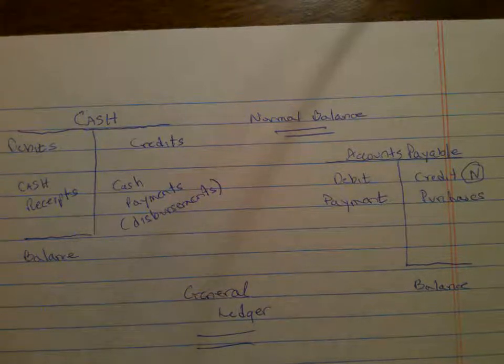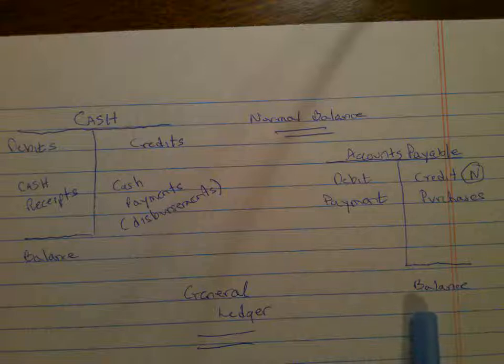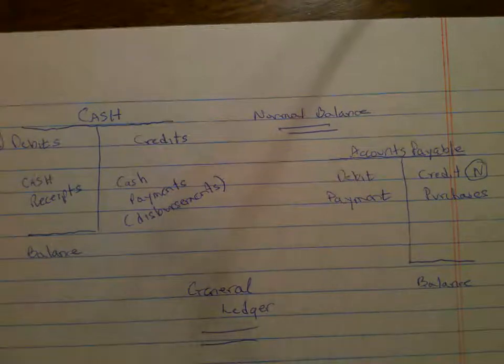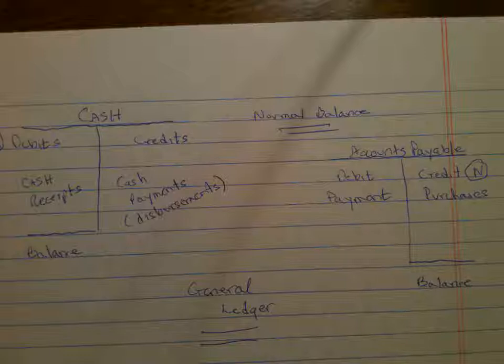And that's what the accounting system is doing. Then we can calculate our account balances, which is what makes it possible for us to come up with a trial balance. And from there, we generate our financial statements at the end of a financial reporting period. That's kind of the way the accounting system works.